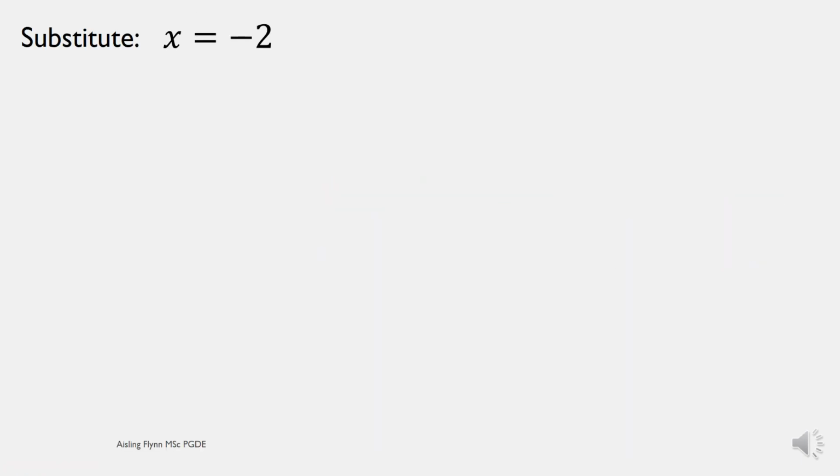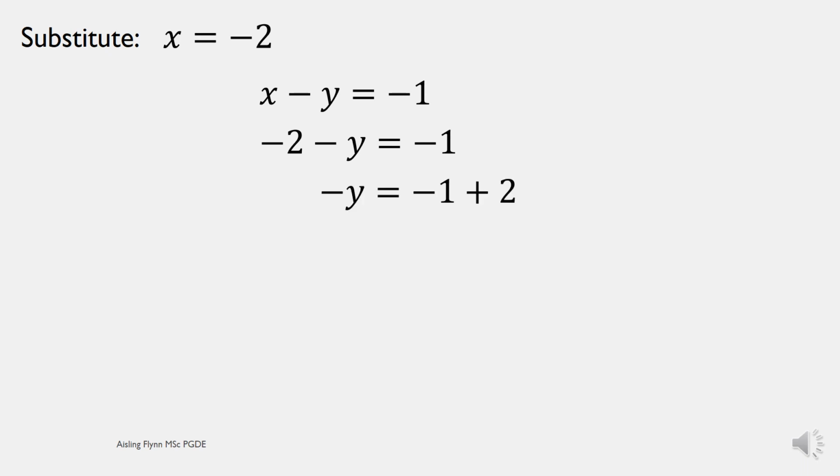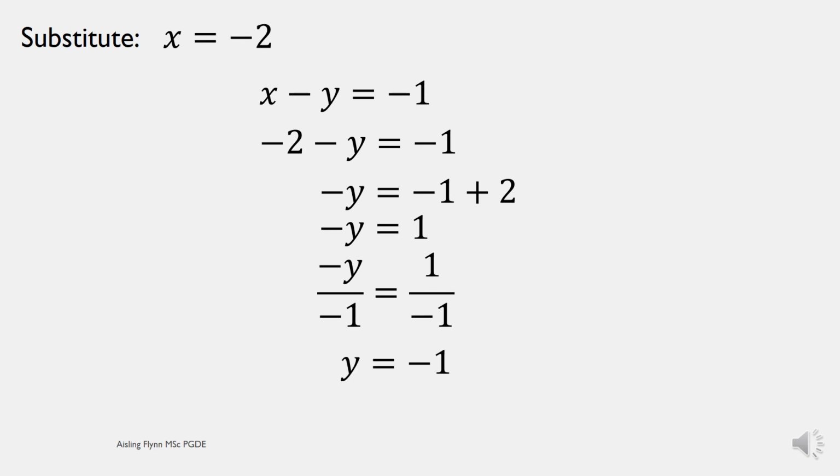Use x is -2 and substitute it into any of the equations on the previous slide and solve for y. Pause at any stage if you need to look more closely. So -y divided by -1 gives me +y equals 1. x and y are equal to -2 and -1.